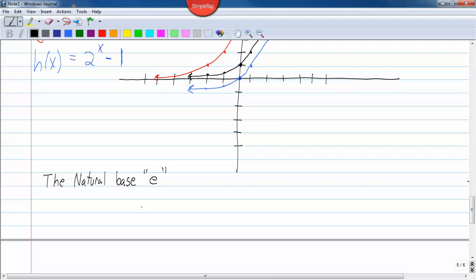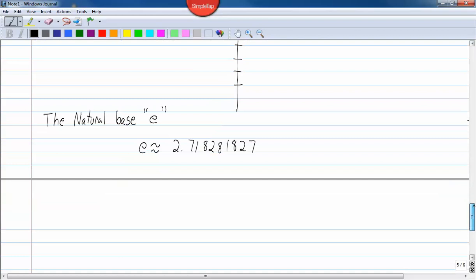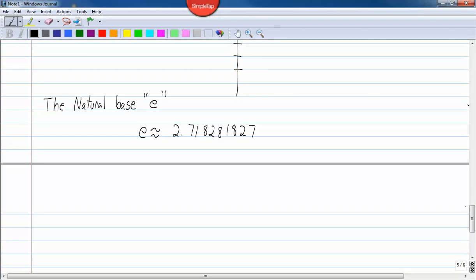Alright, e is approximately 2.71881827, and it just keeps going on and on forever, and it never forms a pattern, just like pi. Okay, so think of e as pi in a way. It's not used the same way, but it's kind of like pi.